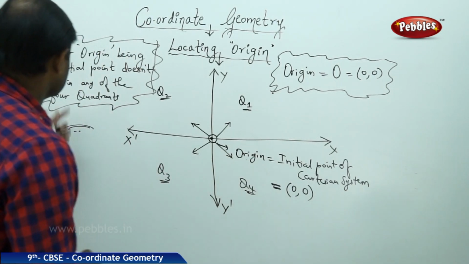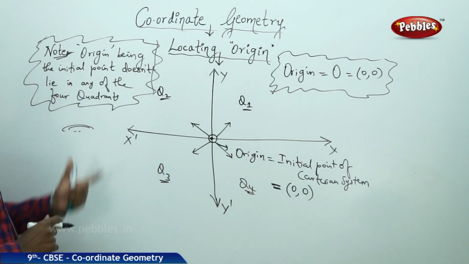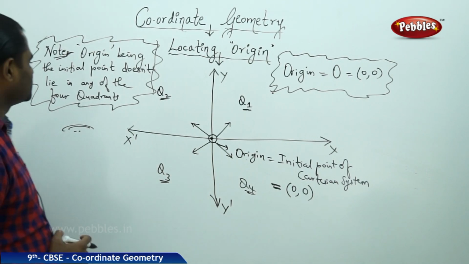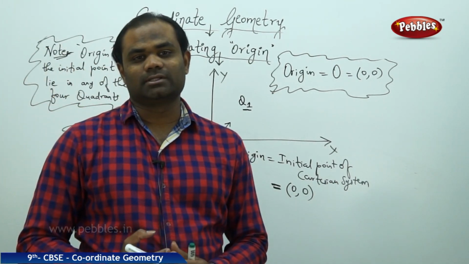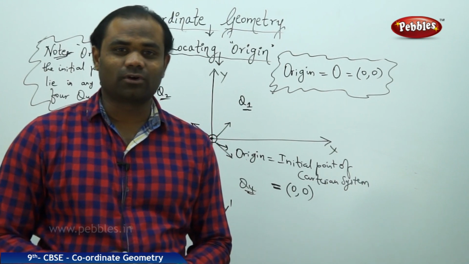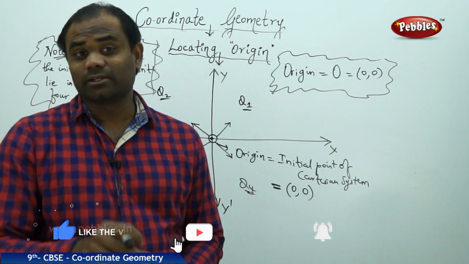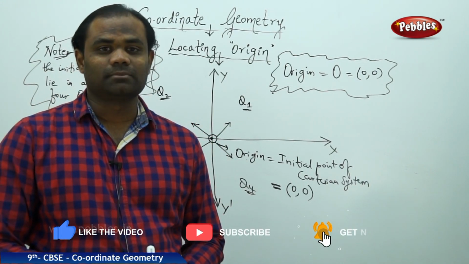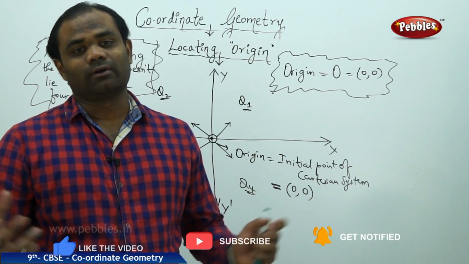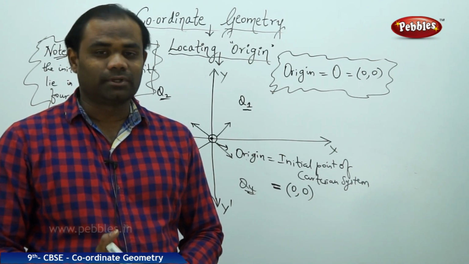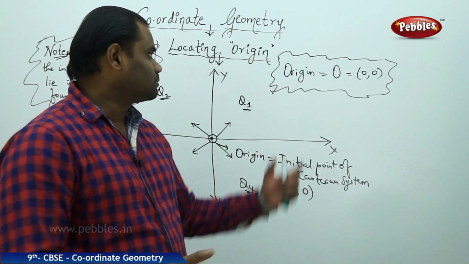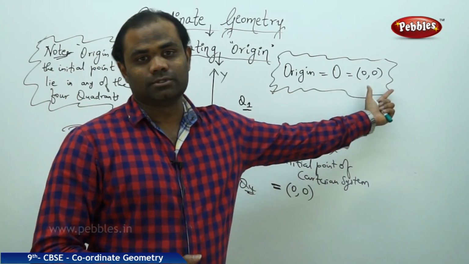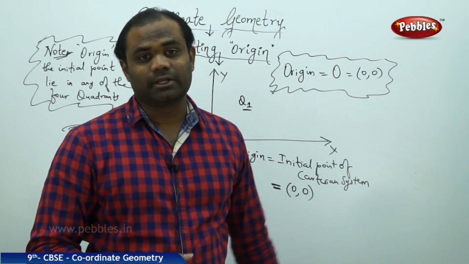So here it refers that origin being the initial point doesn't lie in any of the 4 quadrants. It is independent of the 4 quadrants but plays a vital role in the Cartesian system, connected with all the 4 quadrants Q1, Q2, Q3 and Q4. Origin, capital O, (0, 0) are its coordinates.